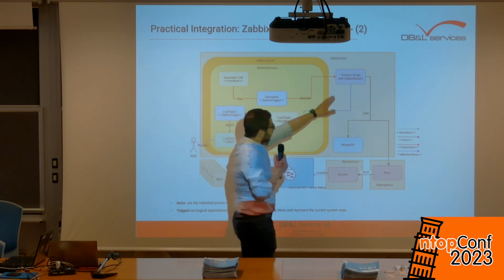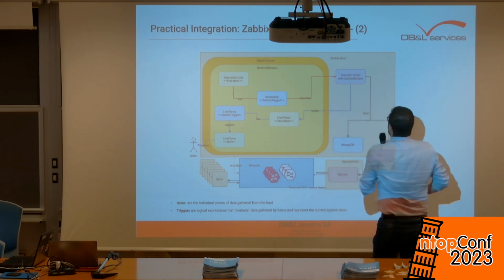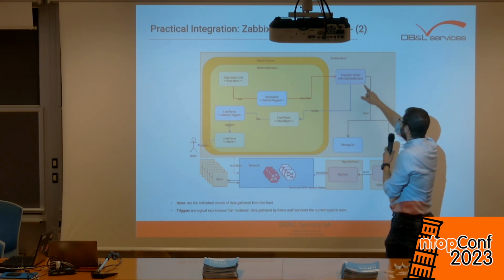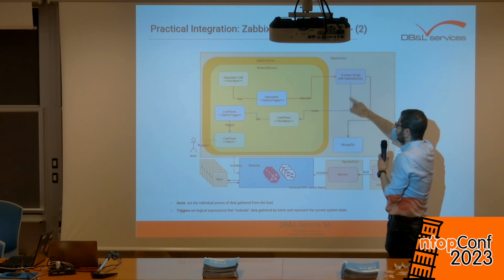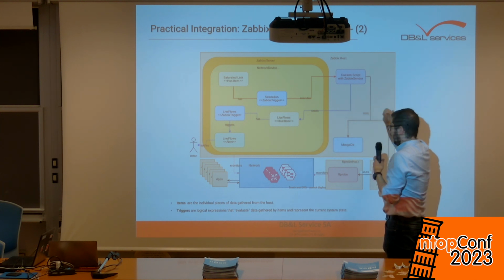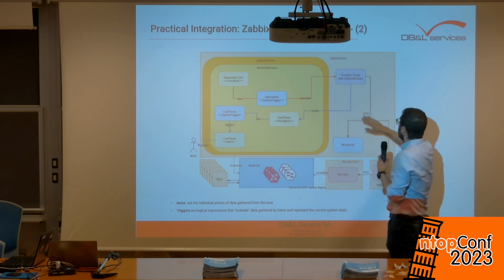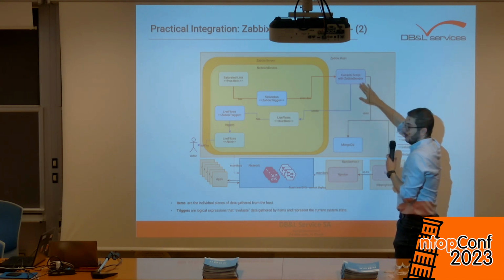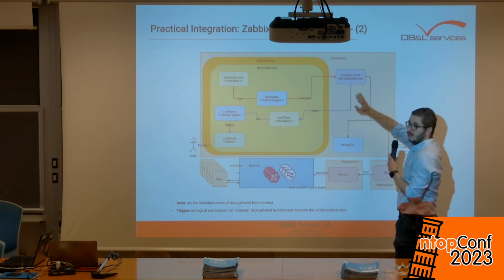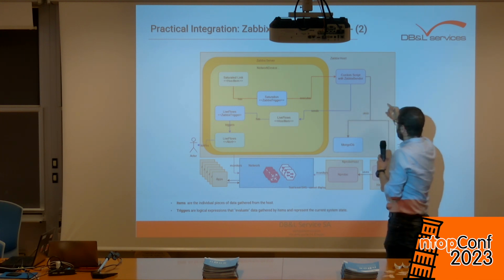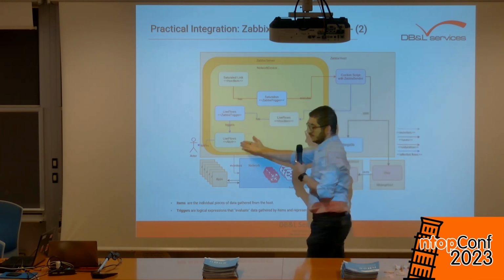We have Zabbix sender. Zabbix sender is an additional tool. It's a CLI script from Zabbix, but separate from the server. It allows us to run custom scripts external to the Zabbix server. Last but not least, alert.